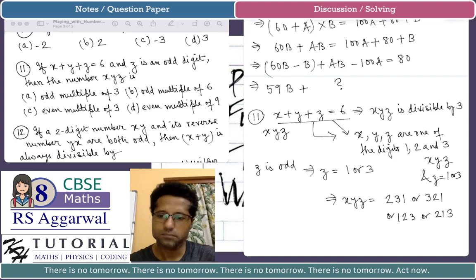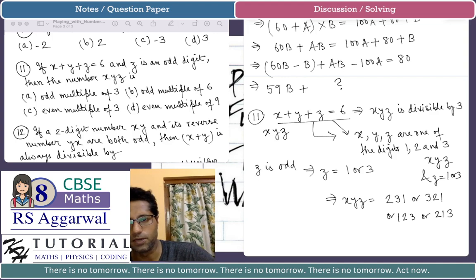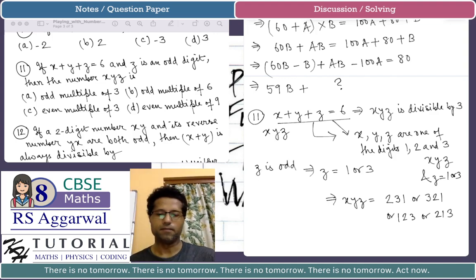Now definitely this number xyz is a multiple of, is divisible by 3, and it will never be divisible by 9 or 6, because for a number to be divisible by 6, it has to be divisible by both 2 and 3.